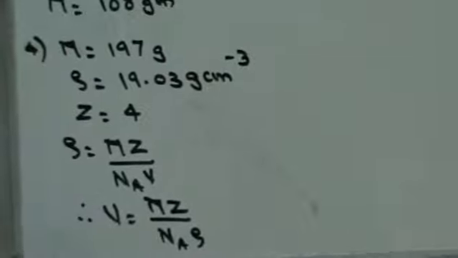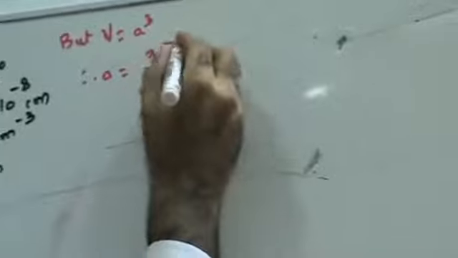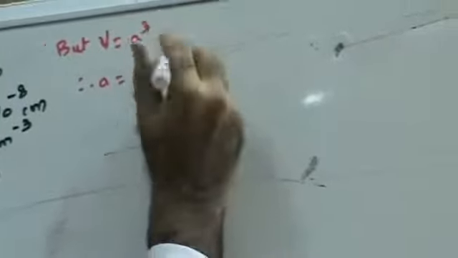Once I come to know the volume, then volume is nothing but a cubed. Therefore a will be nothing but cube root of volume. I get this by log. Find the log of the volume, divide that by 3 and find the anti-log of that. That is the edge of the cube.